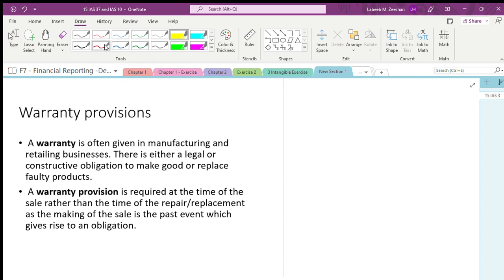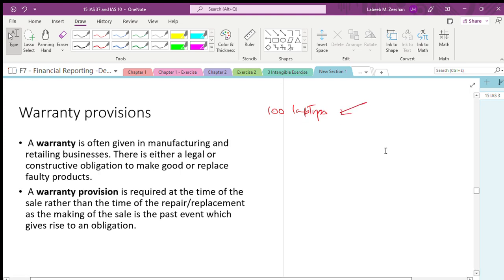Assume you are selling, I am taking an example, 100 laptops. 100 laptops will not have the same problem. In 100 laptops, what you are making a provision for?